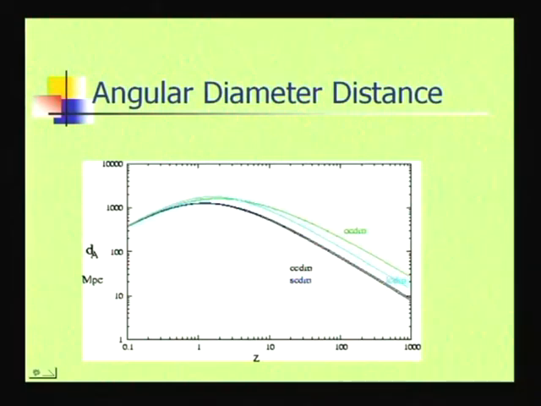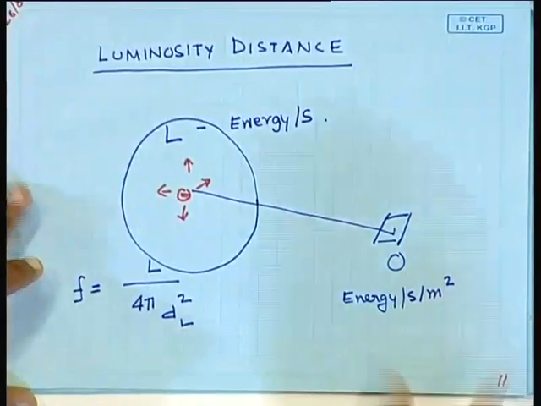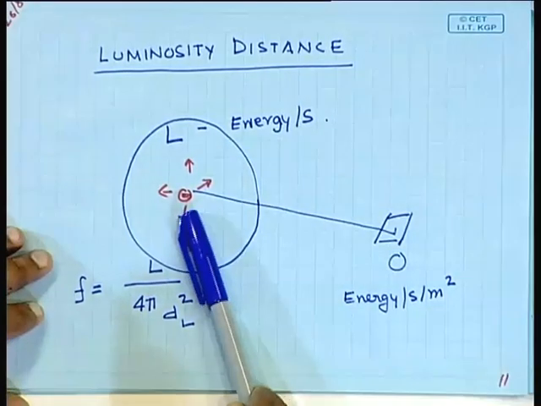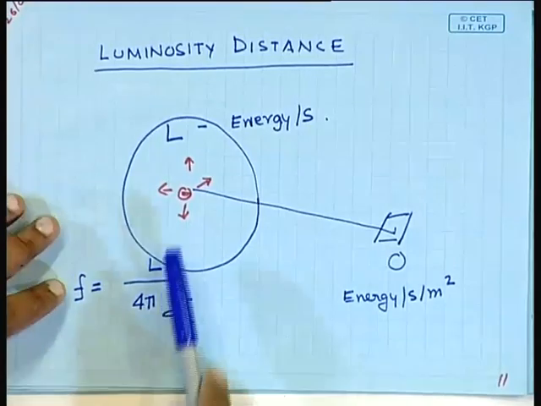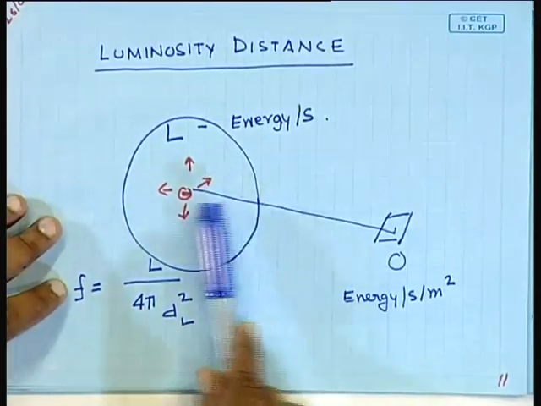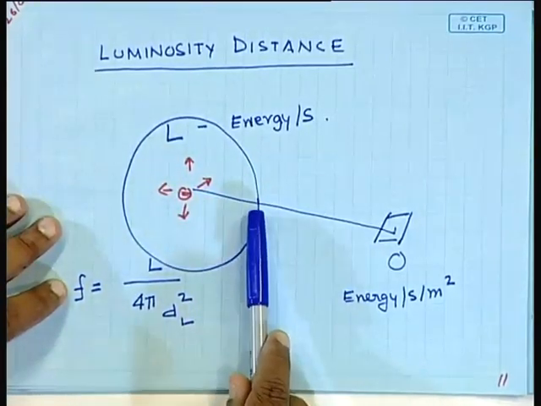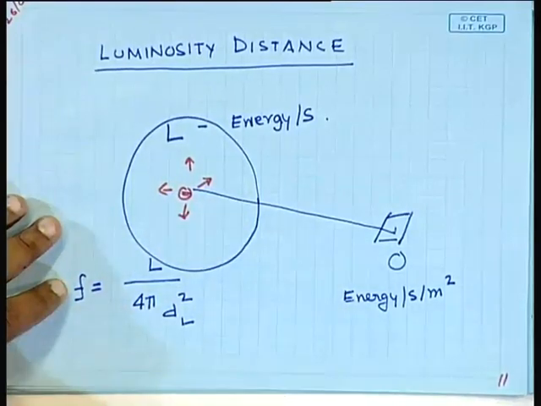Let me first introduce what the luminosity distance is, and then we shall discuss its behavior. The luminosity distance is defined through this relation. There is a source of luminosity L, and there is an observer at some distance.